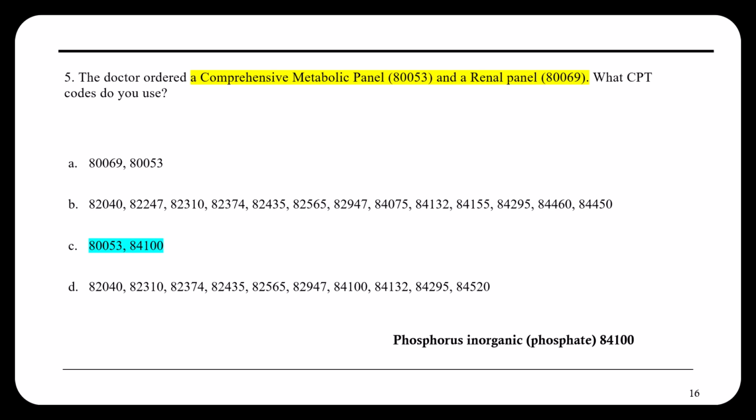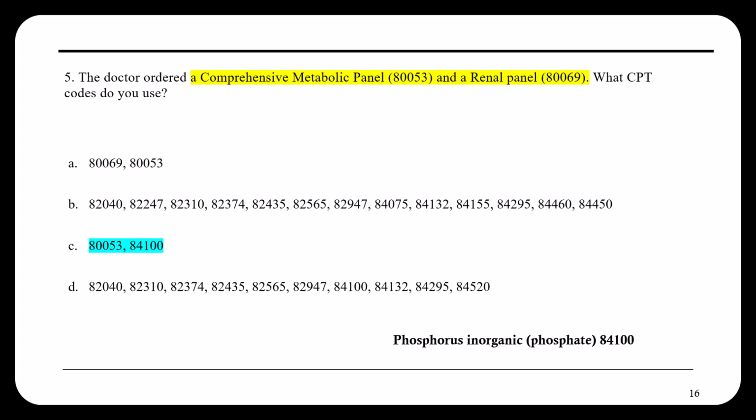Now we have 80053. Everything from 80069 fits into the 53 except for 84100, which is phosphorus, inorganic phosphate, 84100. So to properly code this, that they did a comprehensive metabolic panel and a renal panel, you look to see what's copied between the two of them, and you only code what's not there.